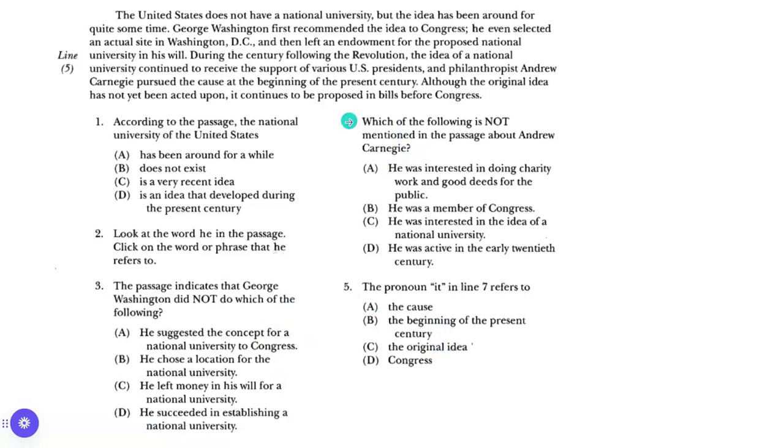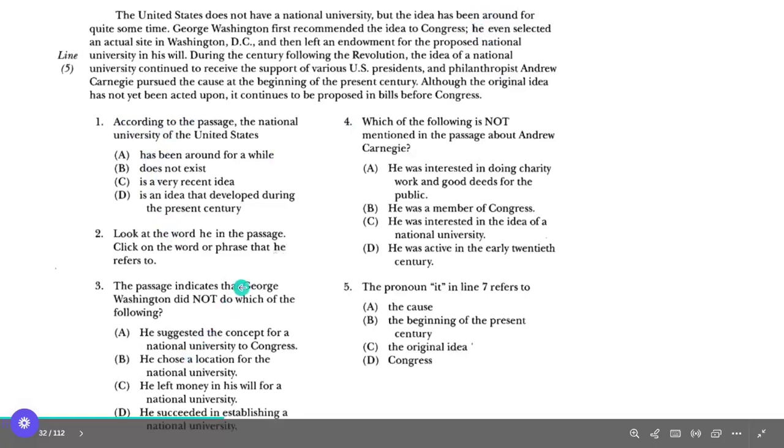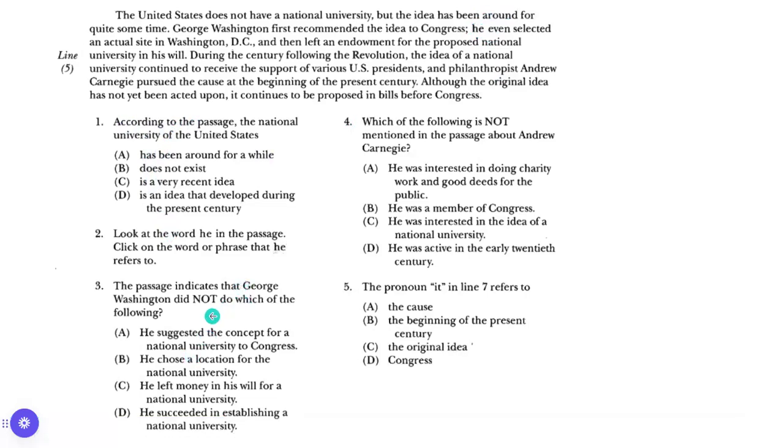Okay, now let's look at this one. We have, according to the passage, the National University of the United States. Look at the word he, it's right over here. Click on the word or phrase that he refers to. Now, number 3 is asking me to choose indicate that George Washington did not do.